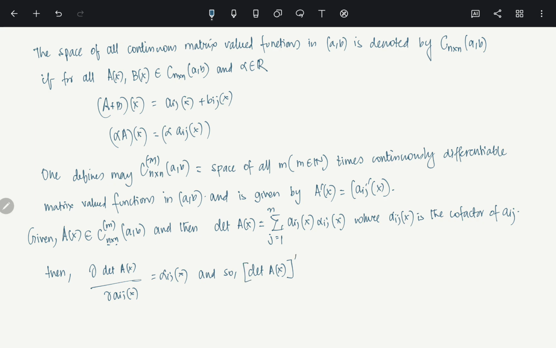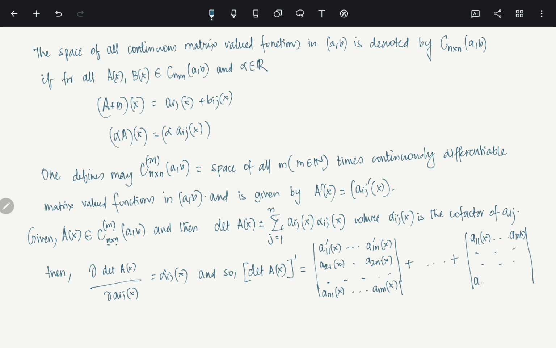Okay, and hence, therefore, you see the determinant of A(x), if you take the derivative of the whole thing, that will be nothing but the determinant with entries a11 of x through a1n of x differentiated in the first row, and the rows a21 of x through a2n of x down to an1 of x through ann of x left intact, plus the determinant with the first row intact, the second row differentiated, and so on. So basically you understand we are doing the derivative thing, like the Leibniz rule kind of thing, but only in the rows.